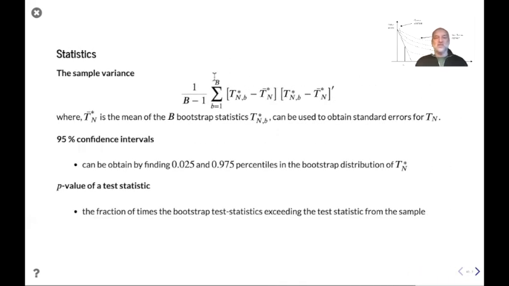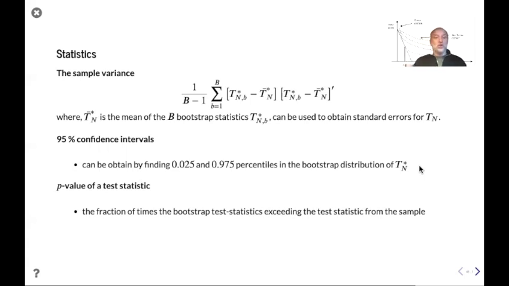So here's a statistic. You just take the variance covariance matrix, and if this is a scalar value, then it's just going to be the variance, okay? And so you can do various different types of statistics. Nobody says it has to be the variance covariance matrix. It could be the confidence intervals, okay? You can find that, for example, by looking at the 0.025 and 0.975 percentiles in the distribution of those statistics.